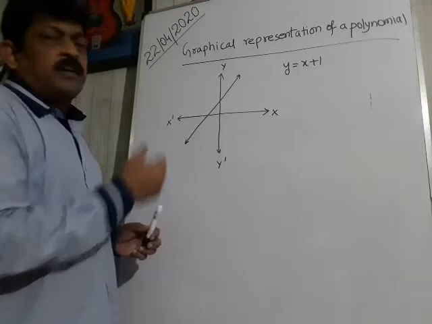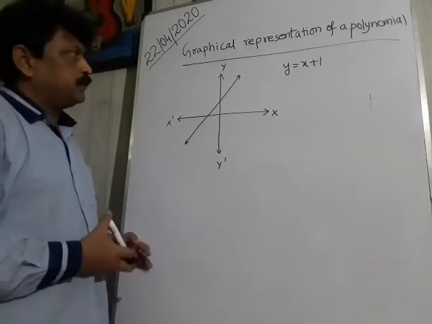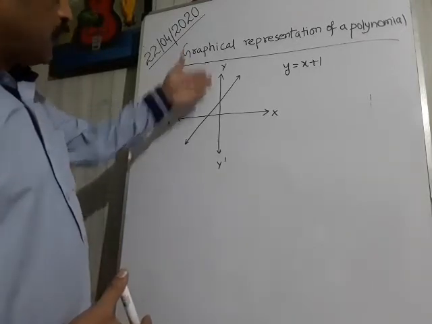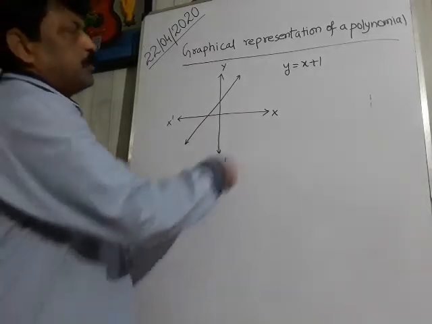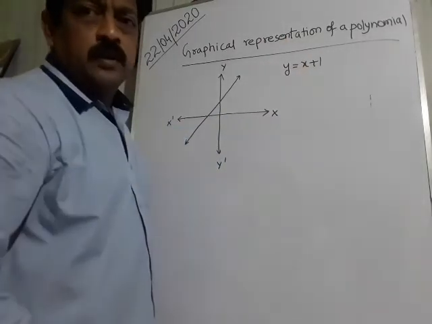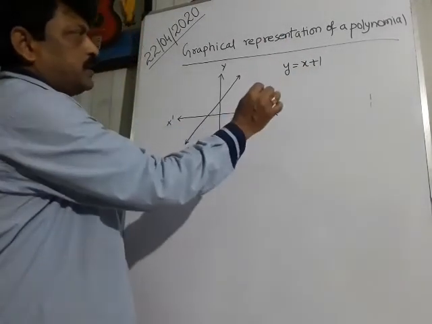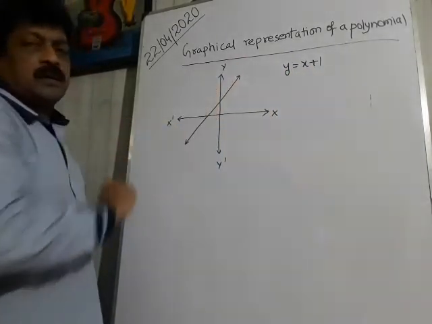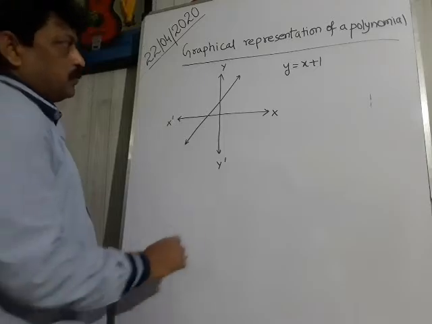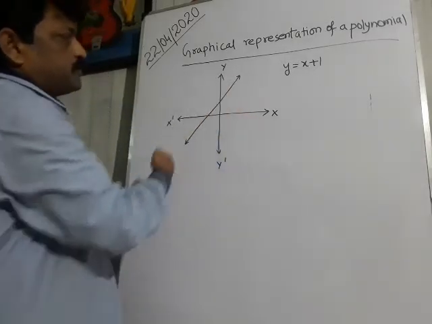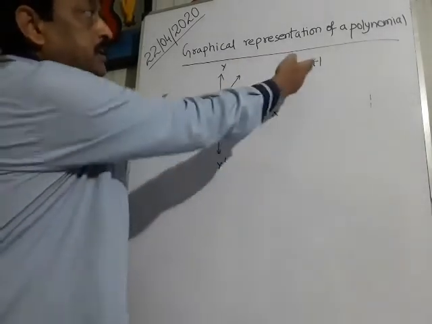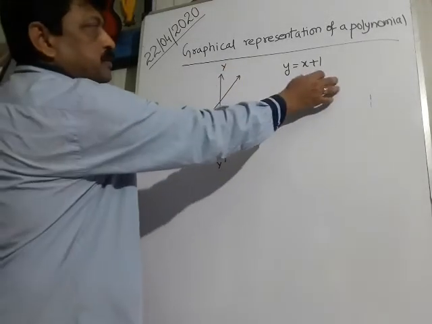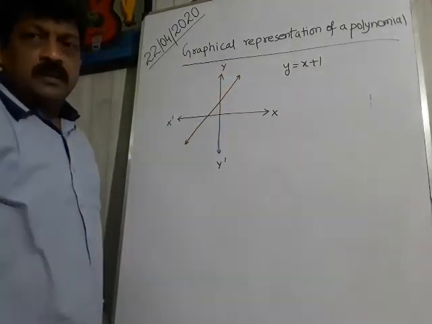Now graphical representation of a polynomial. See here, the y-axis and the x-axis, a polynomial is y equals x plus 1. I have plotted the value of x and obtained a graph line like this. So this is the way to represent any linear polynomial. Since the polynomial is linear, we are getting a straight line.